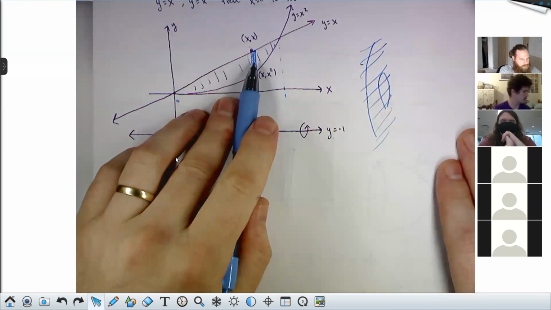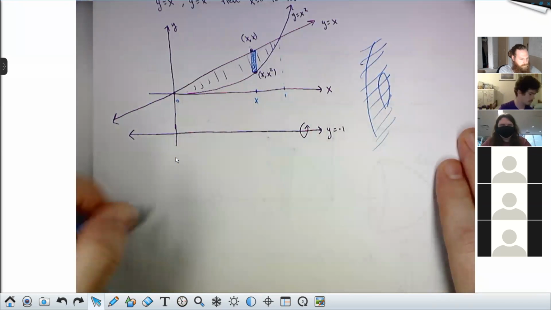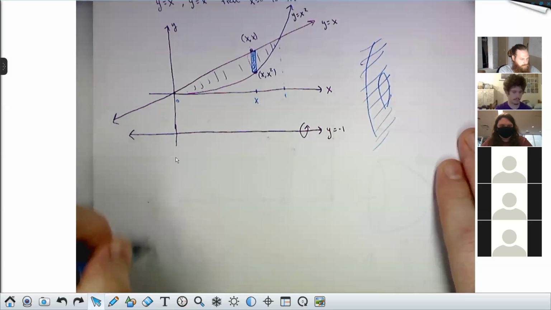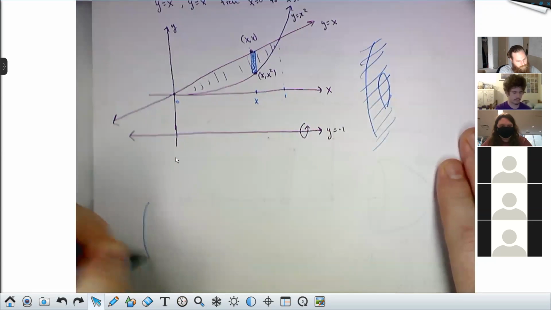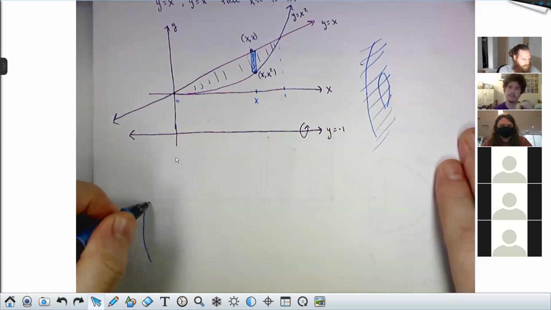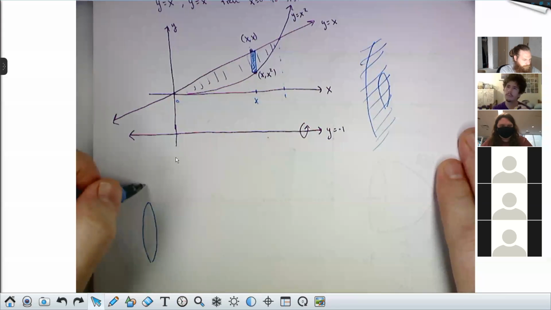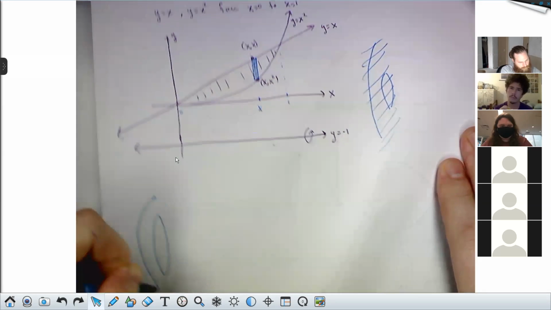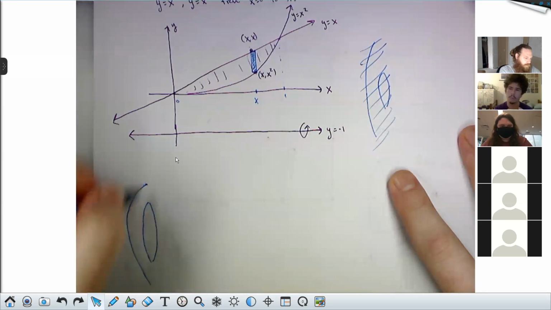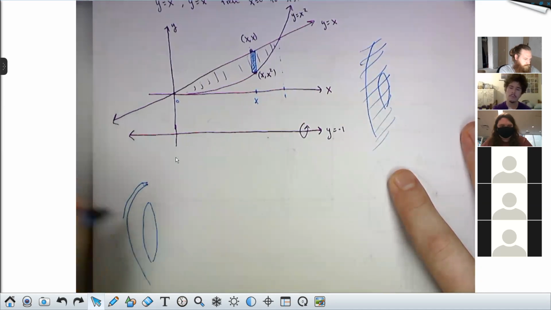When I rotate just that strip about this axis, I will get something looking roughly like this. Let's see now. Can I draw this in a way that it looks reasonable in 3D?